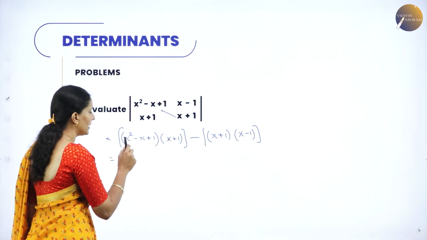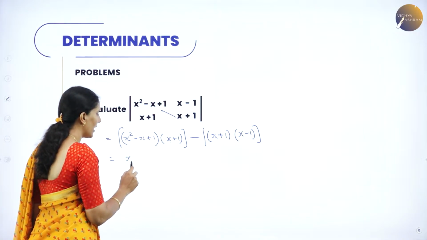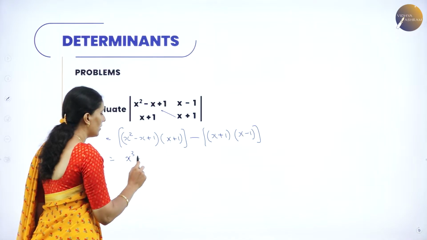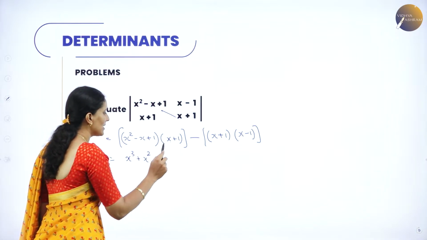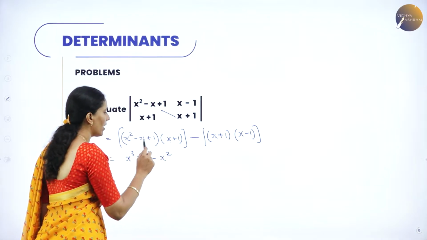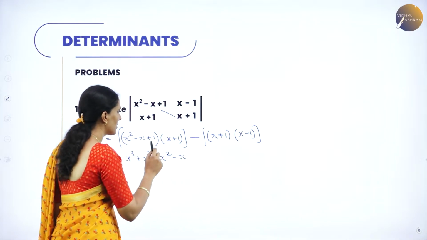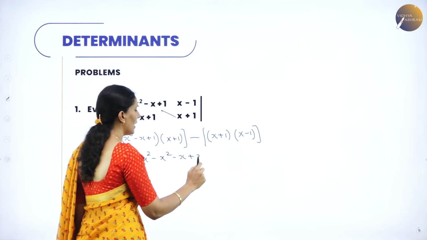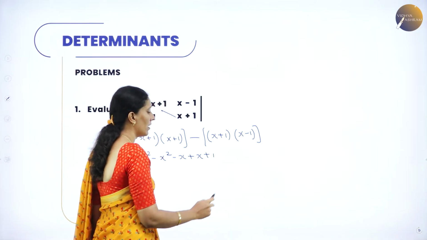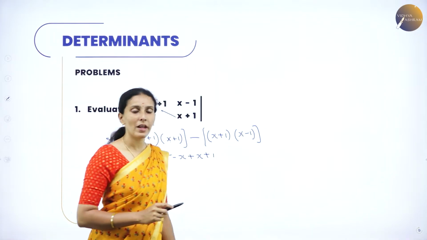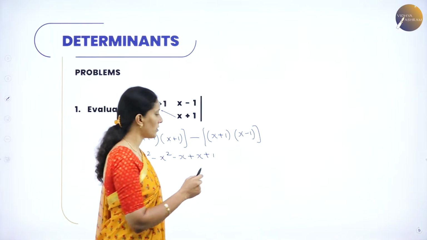So multiply here x square into x, x cube, plus x square, minus x into x, minus x square, minus x plus 1 is minus x. Next it is plus x plus 1. Next here x plus 1 into x minus 1 means it is x square minus 1 square.